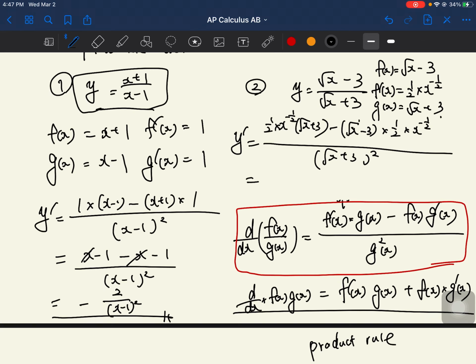Let me simplify. This is going to be cancelled out, and actually it's going to be positive 3 over the square root of x times (x plus 3) squared. Yeah, that's all.